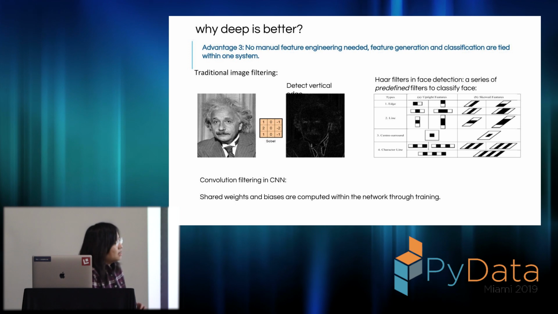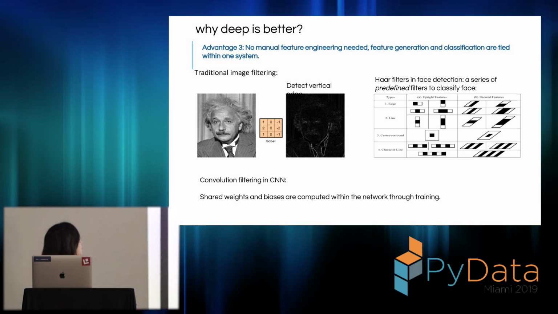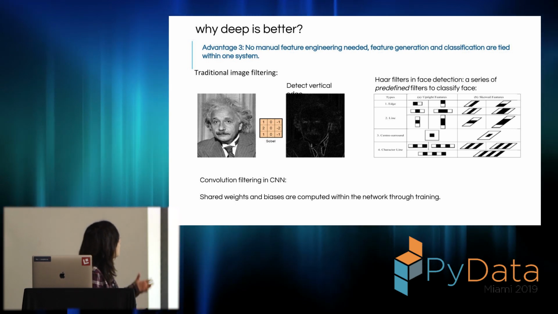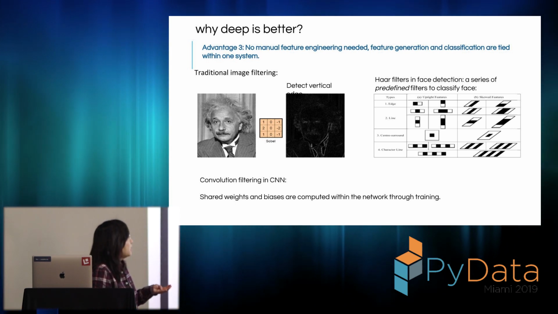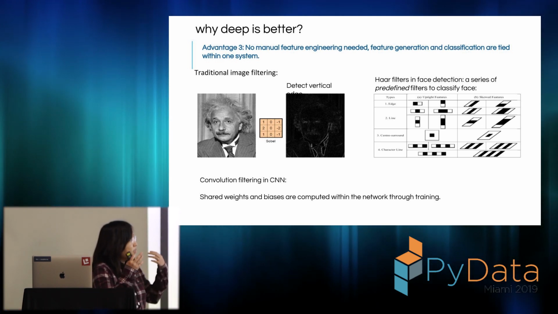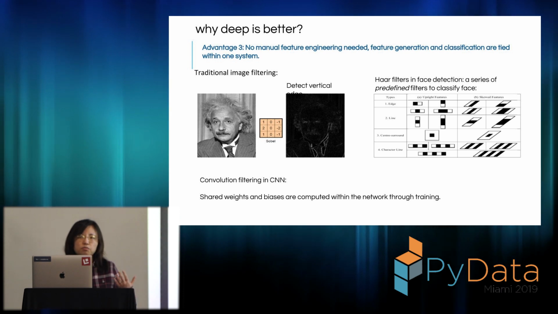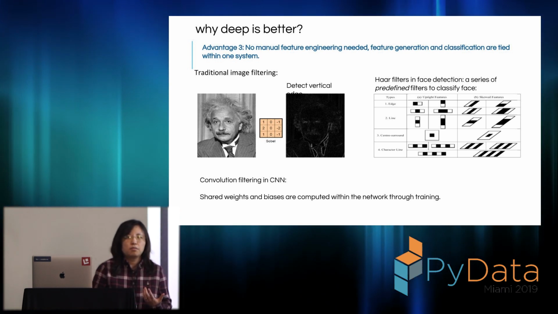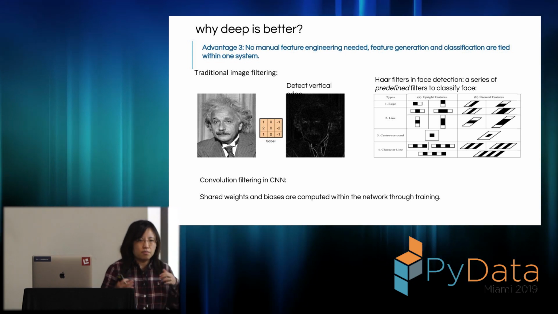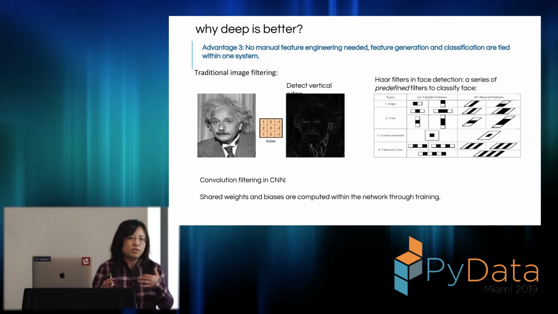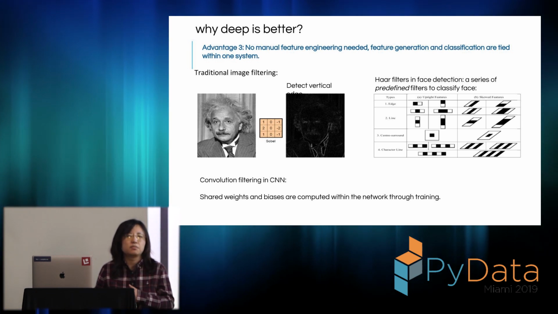So personally, I think one of the most important benefits of a deep neural network is not just that no manual feature engineering is needed. It's actually that feature generation, optimization, and evaluation are built within the same network. Because a lot of times, based on my experience, it's very important to find the right combination of features and then your classification or clustering method.